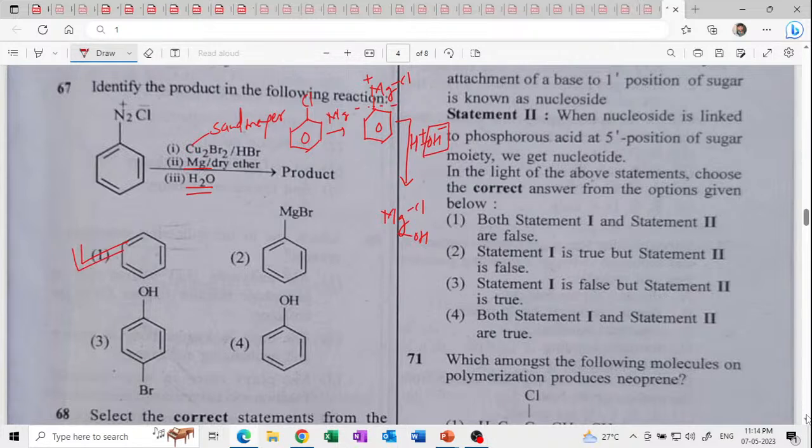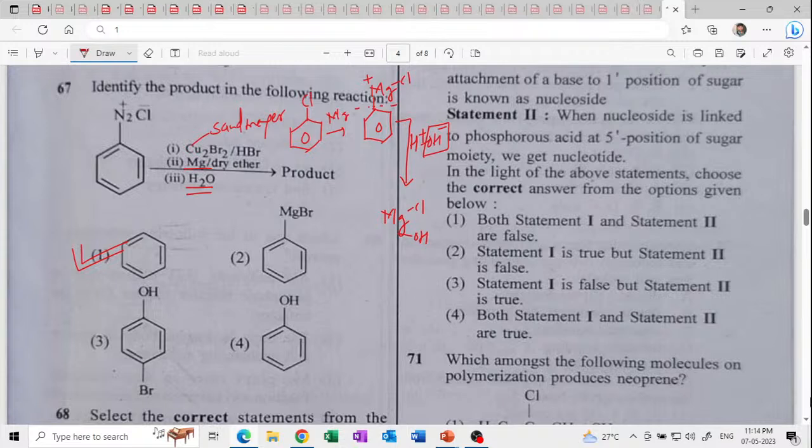Grignard reagent plus water forms the benzene. Always remember, that's a benzene, and that's a Cu2Br2. Cu2Br2 is a Sandmeyer reaction. Magnesium in dry ether, this is a Grignard reaction and undergoes the hydrolysis reaction to form the benzene.